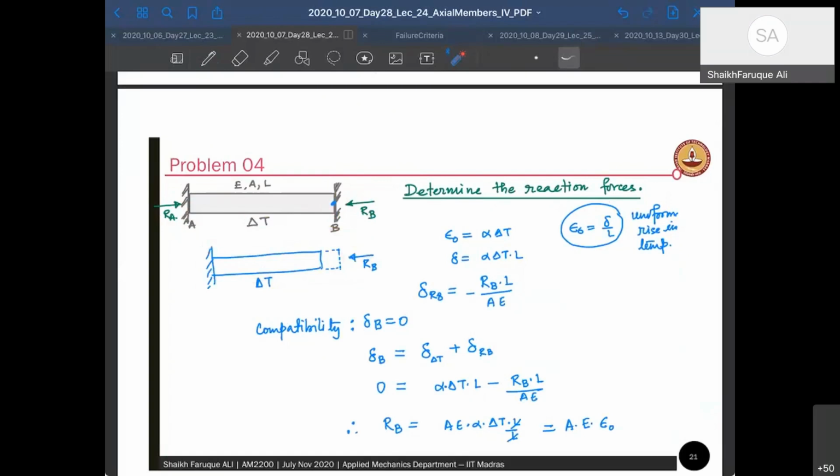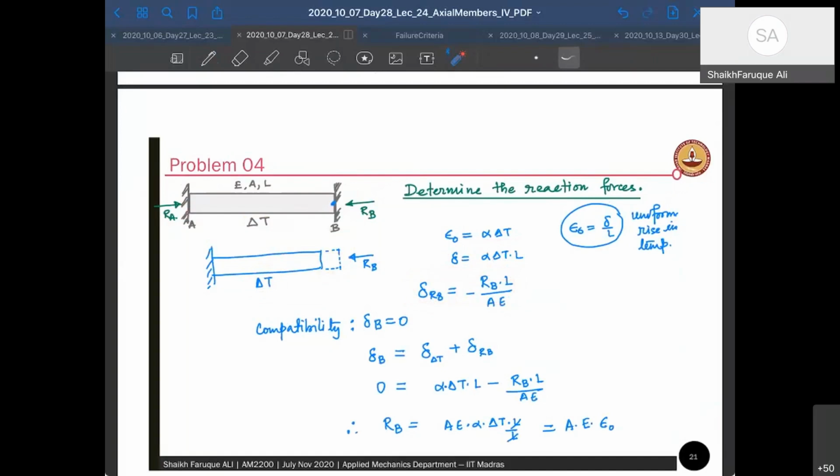Okay, so the deformation due to rise in temperature is going to be alpha delta T L. And the deformation due to RB, or compression due to RB, is going to be RB into L by EA. Compression meaning negative, and thermal extension was rise in temperature, so tensile. So this is your thermal extension, and this is because of the compressive load.